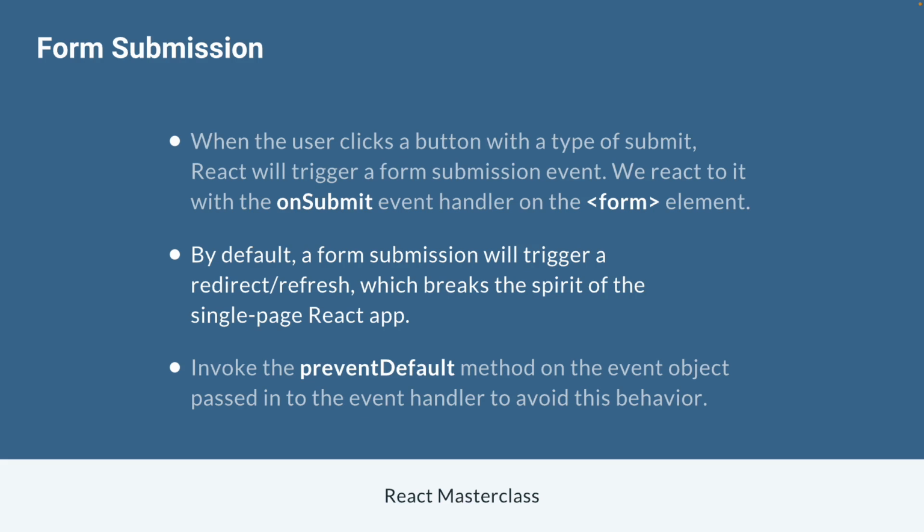Now, by default, going back all the way to the original invention of the web browser, when a form is submitted, that triggers a redirect or refresh, typically to a web page specified by the backend. And that breaks the spirit of a single page React application, because the whole design here is it's one HTML page and one big JavaScript bundle, and JavaScript is going to continually rebuild and modify the UI. So we don't want to have a page refresh or redirect.